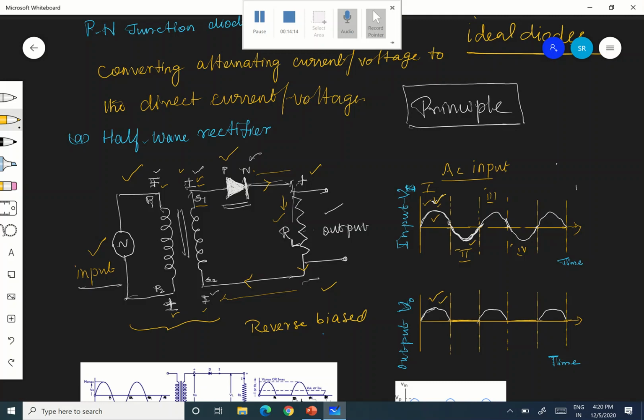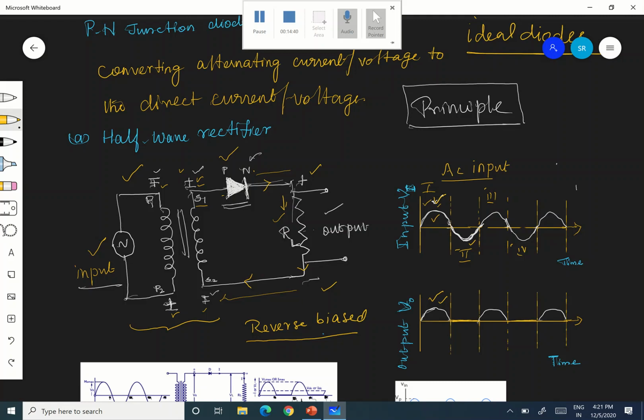But during the second half cycle, S1 becomes negative and S2 becomes positive. Therefore P of the junction diode is connected to negative and N is connected to positive, which means that it is reverse biased. Reverse biased means if it is an ideal diode, it will not allow any current to pass through it, because it offers very high resistance.